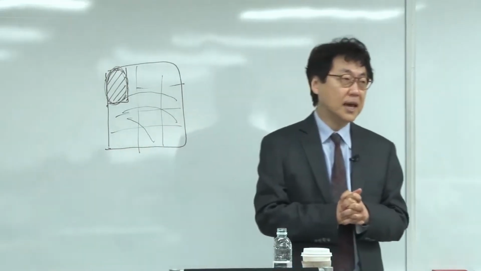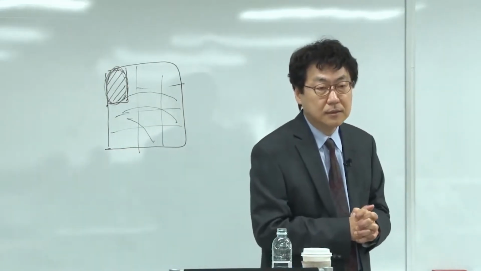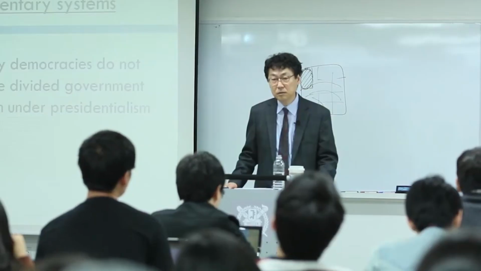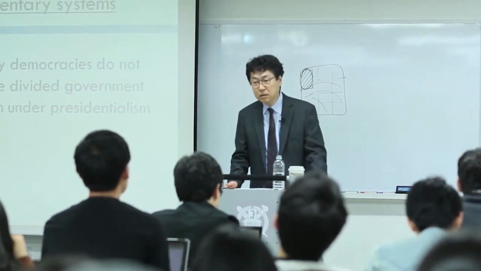And there may be a gridlock. Say in the US, right now Barack Obama is what? A Democrat. But the House of Representatives, the lower house, is controlled by the Republicans.